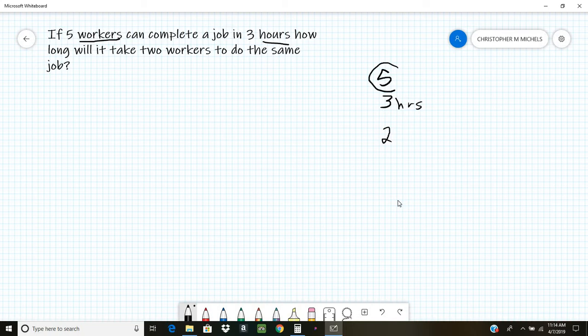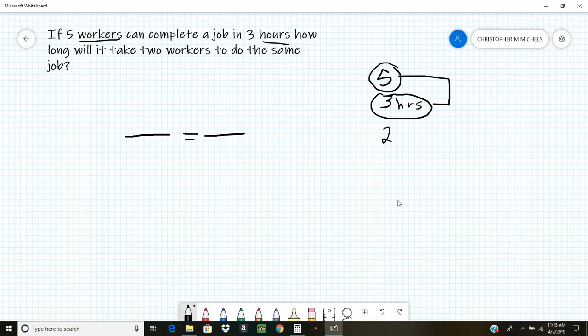Okay, so in this case, we know the 5 goes with 3 because they said that many workers for that many hours of work. So if we place these in a proportion, now remember this is an inverse relationship, okay? Because think about it, if you decrease your workers from 5 to 2, your work time should go up.